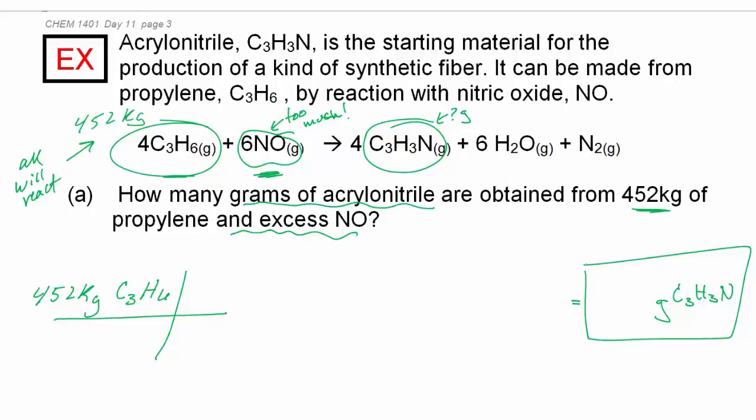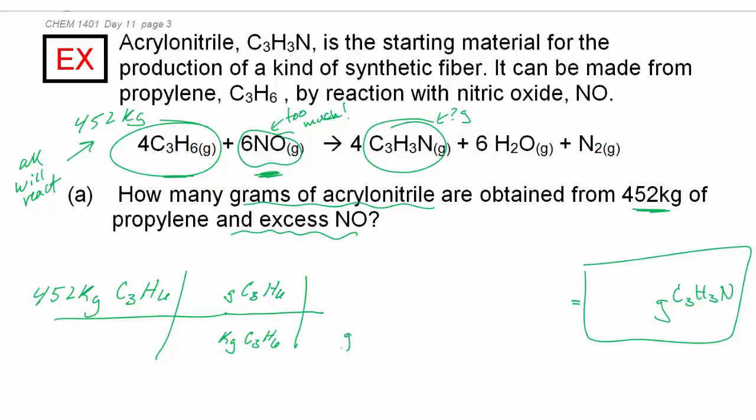Okay, so let's just write out the units first. That seems to help me anyway. So I know that kilograms of C3H6 has to be on the denominator. I'm going to need to convert to grams so I can use molar mass, so I can get into moles, so I can use my mole bridge. So let's do that first. Kilograms to grams of propylene. So that'll be the first step.